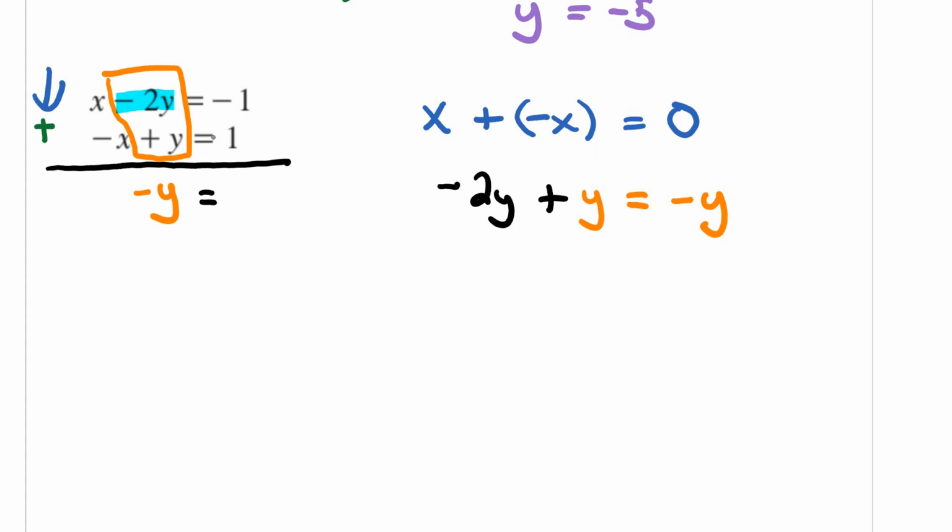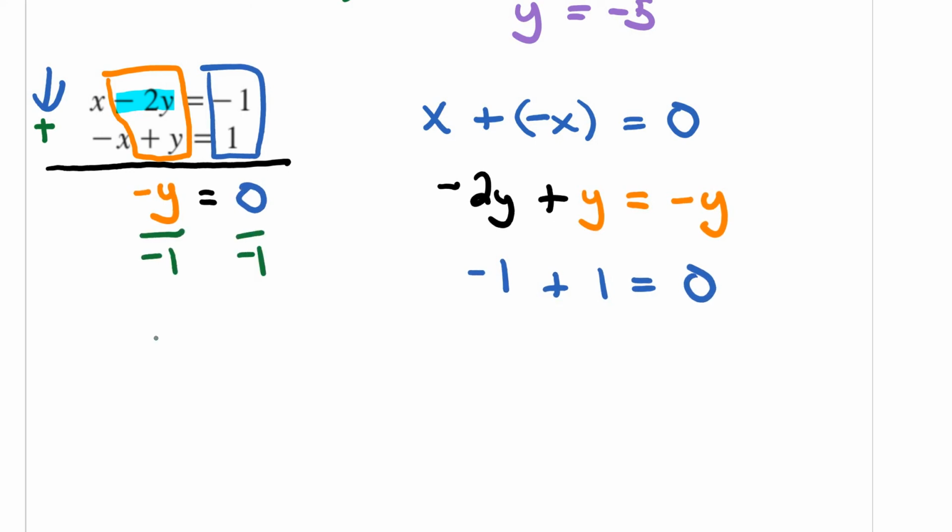Then on the right-hand side, I have a negative 1 and a positive 1, which is going to be 0. So I have negative y equals 0, and you can divide both sides by negative 1. This will give you a positive y on the left-hand side, and 0 divided by anything is going to be 0. So for this problem, my y variable has a value of 0.